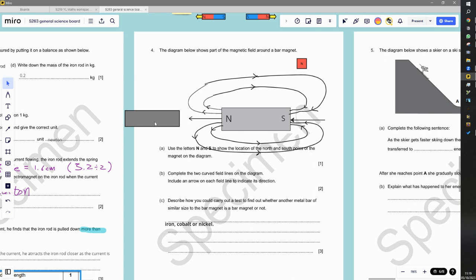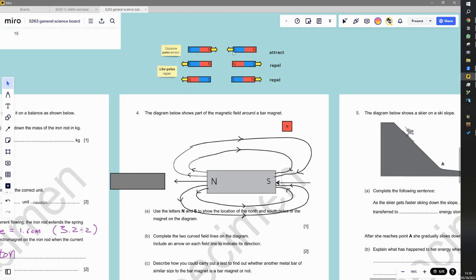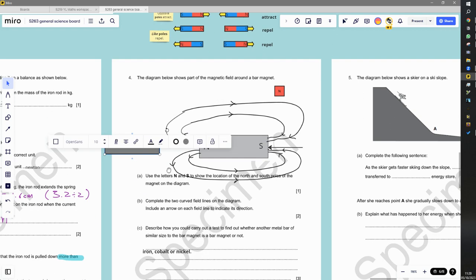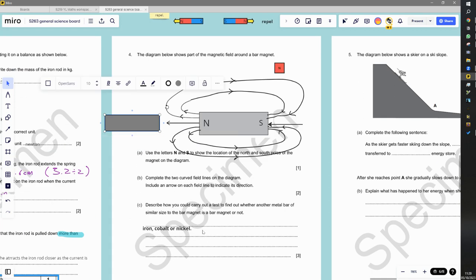Well, a magnet, as we just said, is attracted and repelled. Really, the only thing that would repel from a magnet is another magnet. So if I find that it's attracted to this one, what I want to do is turn it around and see if it's still attracted. If it's still attracted, I know it's a piece of metal, one of these three metals.